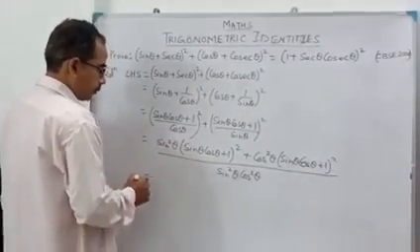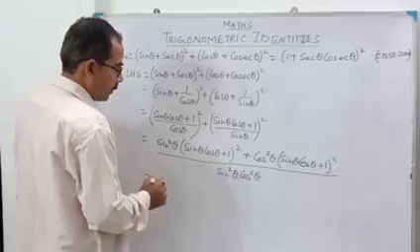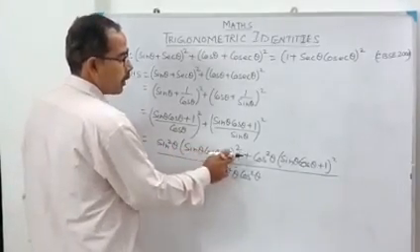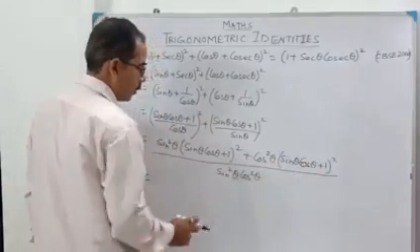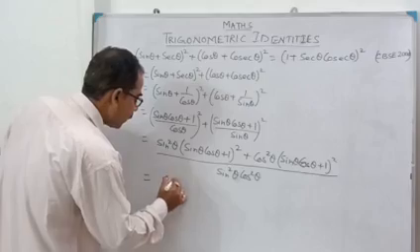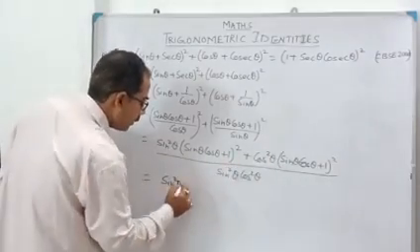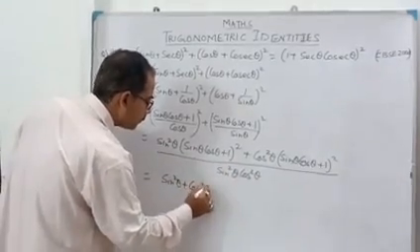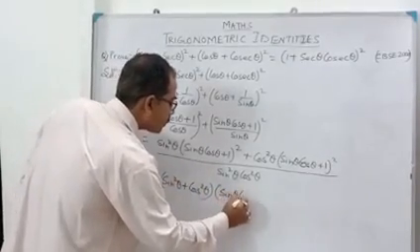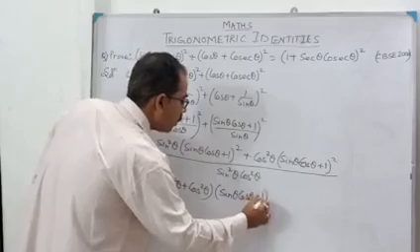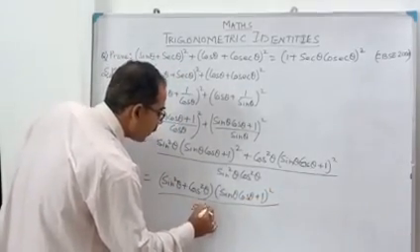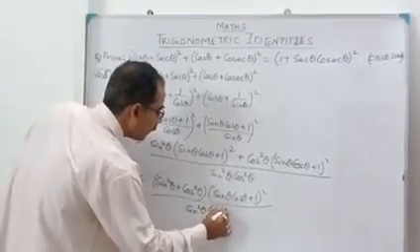Now if you are breaking this one, look at here: sin theta cos theta plus 1 whole square here, and here also sin theta cos theta plus 1 whole square. So take it common. What you are getting is sin square theta from here and cos square theta there, and the remaining common thing is sin theta cos theta plus 1 whole square, whole divided by sin square theta cos square theta.